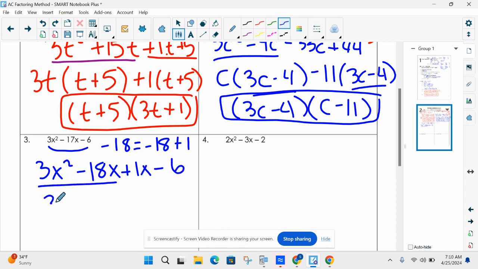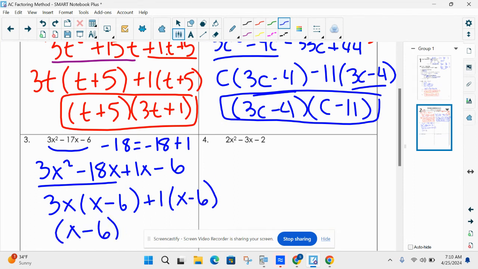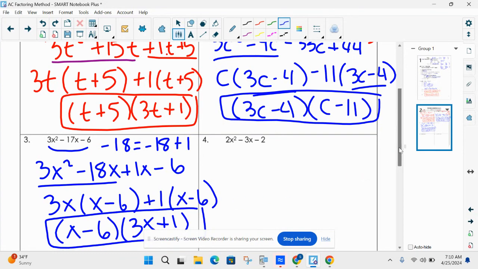Here we can factor out 3x and get x minus 6. Here we'll factor out 1 and get x minus 6. Then you'll have x minus 6 times 3x plus 1. And that will be your answer.